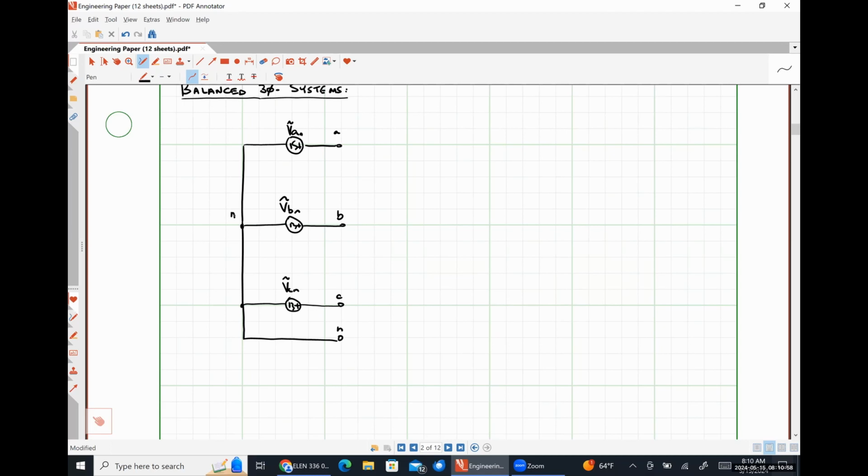But since those two things that are labeled N are connected by a short circuit, that is literally just the same node. Just showing effectively where the negative polarity terminal of those voltage sources are tied together at. Okay. Then over here on the right-hand side, I am going to draw my Y-connected load. So I'll call this ZYA.